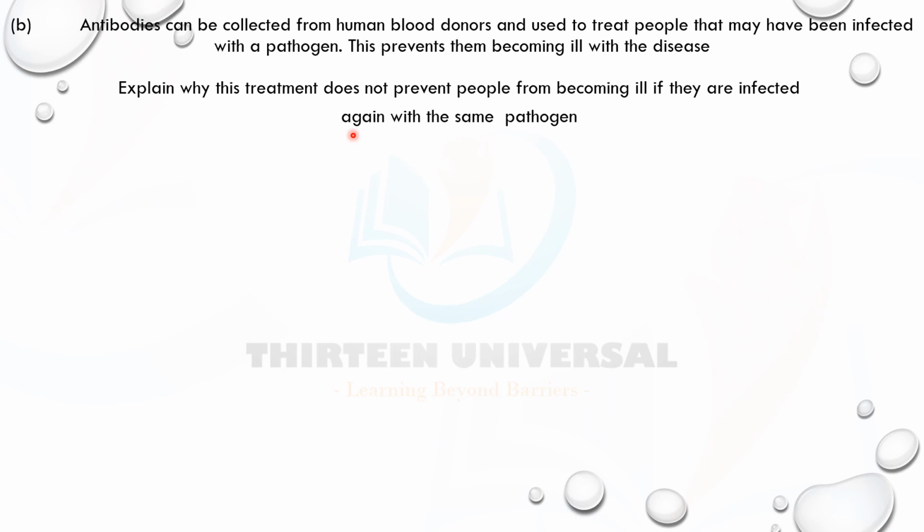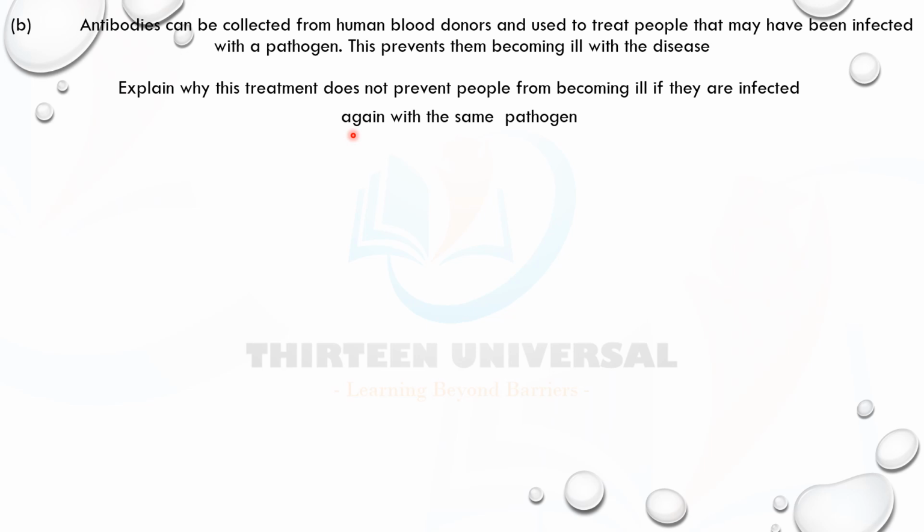That means that in the future, when the same pathogen enters the body, there are no memory cells. So it's going to take a long time for the immune response to respond. It's going to go through the primary immune response. When we have a primary immune response, it takes a longer time because there are fewer memory cells that can recognize the antigen on the pathogen.